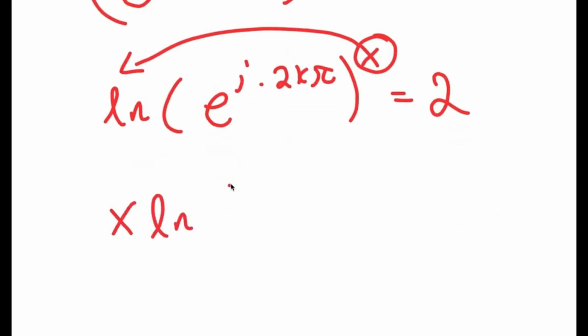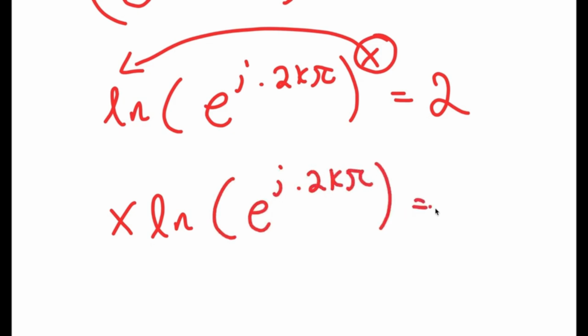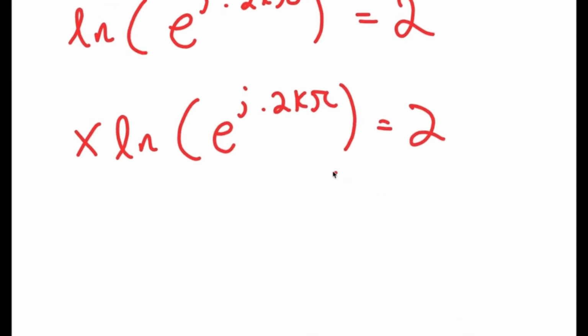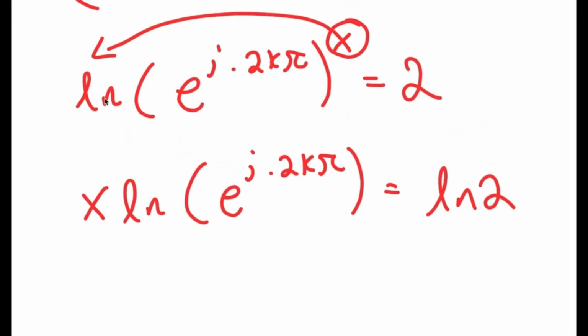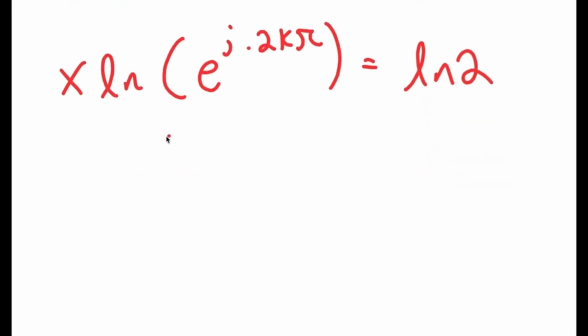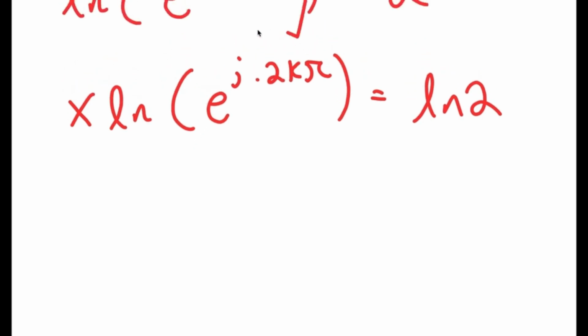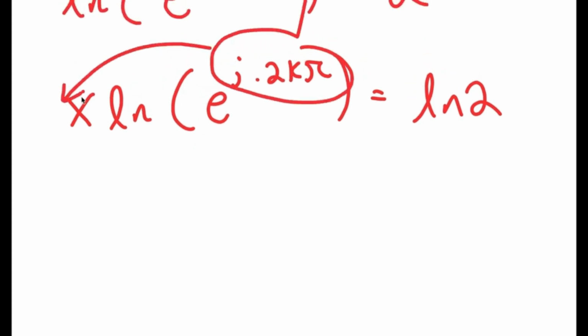So I get x times ln of e to the power of i times 2k pi is equal to ln of 2, because if you take ln on one side, you have to do the other side. And now I can also move i times 2k pi to the front.